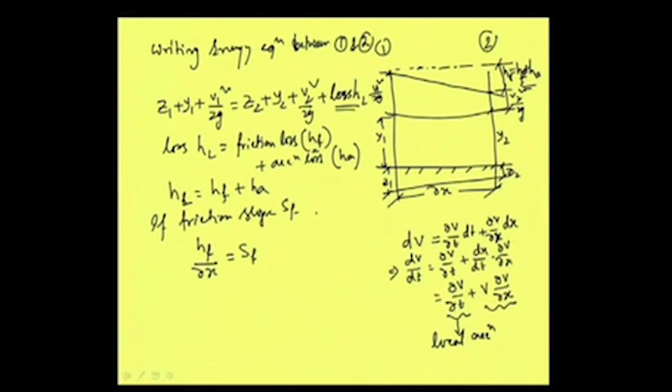So friction slope may be like this, and we can have SF up to a certain point, HF, and then other part of loss is due to this acceleration. That is clear to us, we have discussed earlier also. So in place of HF we can write SF into delta x.